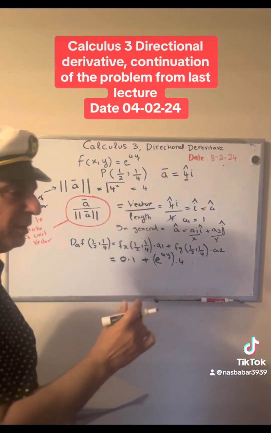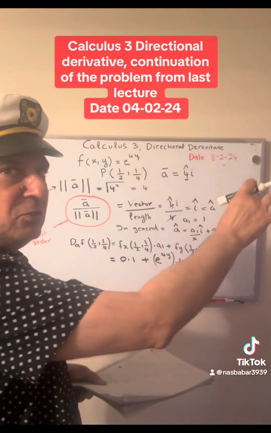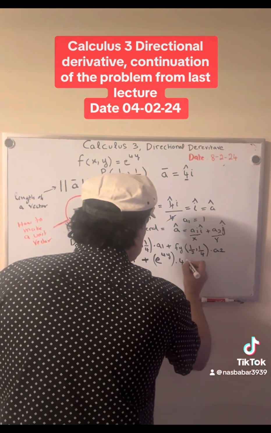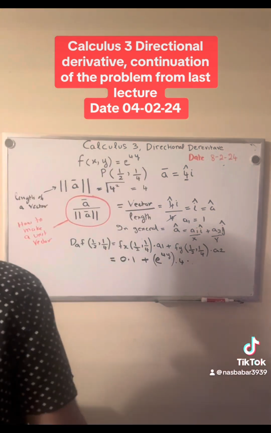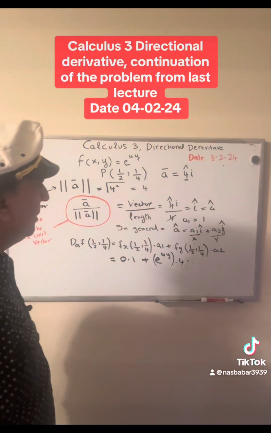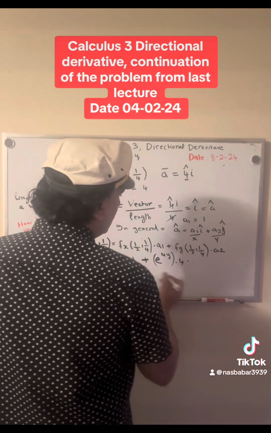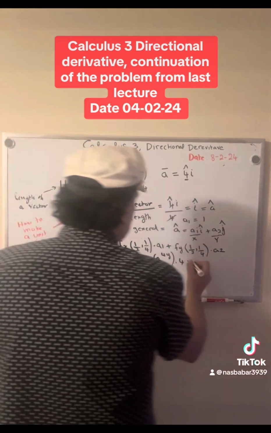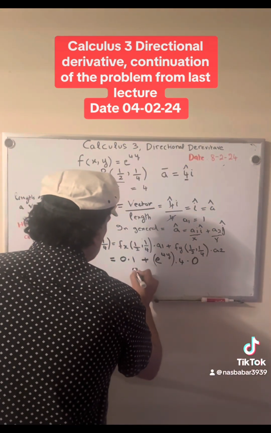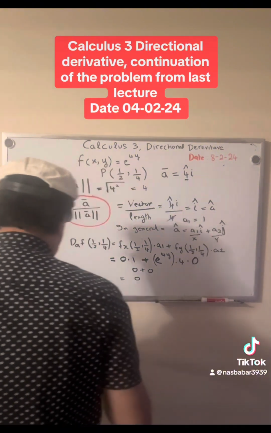What's inside, remember the chain rule: take the derivative of the big picture, then go inside and take the derivative of the smaller picture, times the weight. Now let me ask you this, is there a y component? Because a vector has a1, a2, there is no a2, so this is multiplied by 0. So then this thing is 0 plus 0. That is it. That's the answer.